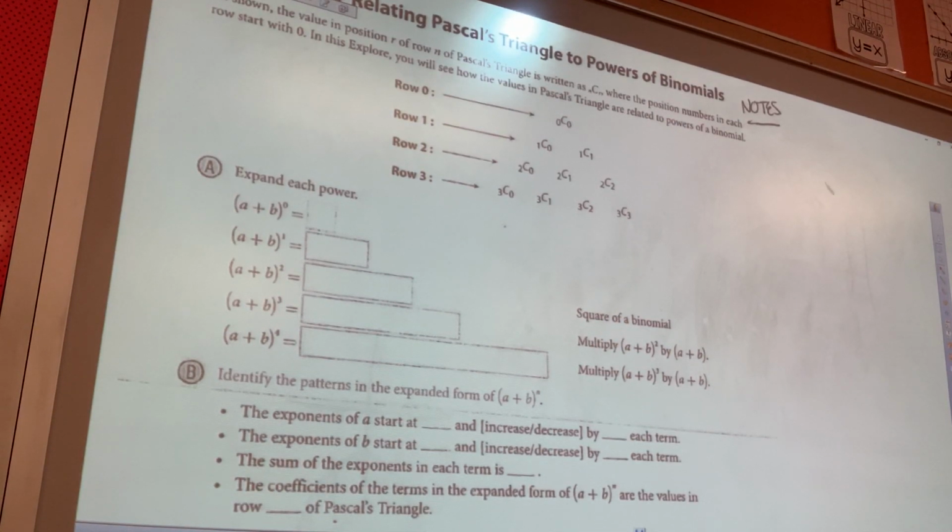So now let's look over here to see how we're actually going to relate this to anything. And I'm going to recreate this. You can just look back at yours. Okay, and this is row 0. This is row 1, row 2, row 3, row 4, row 5.